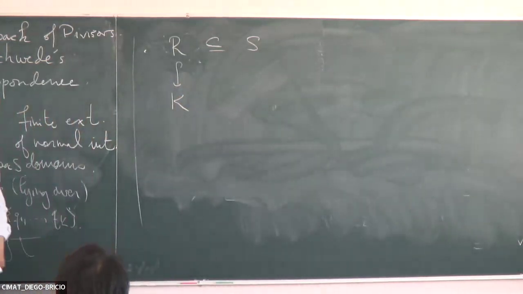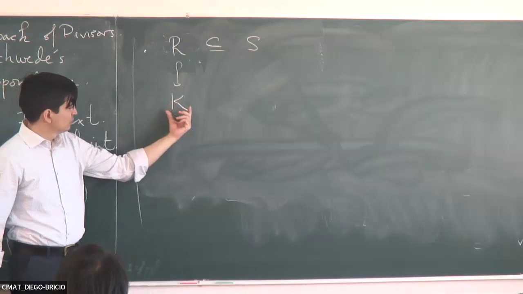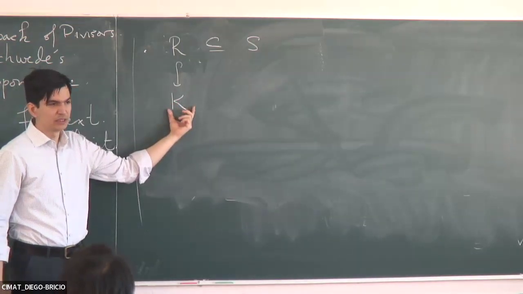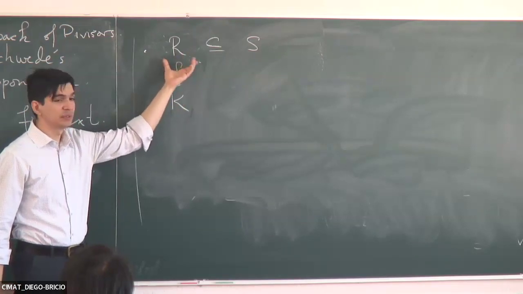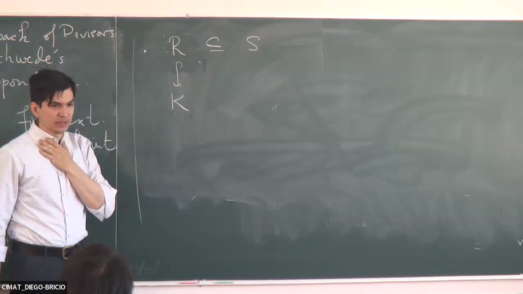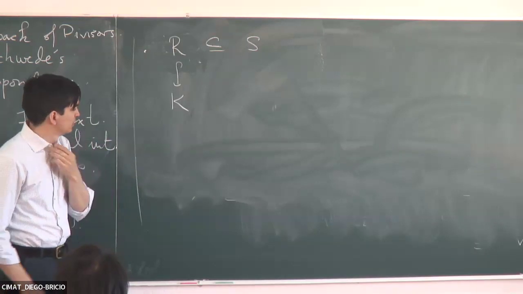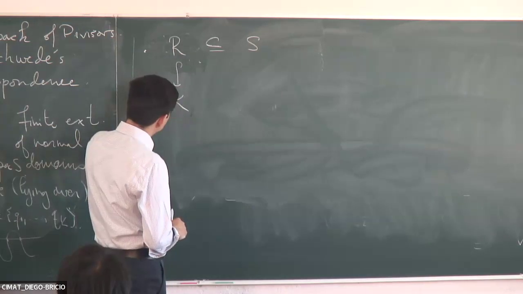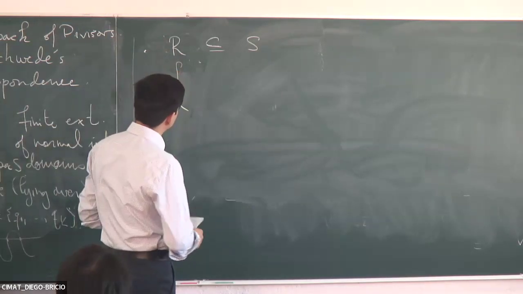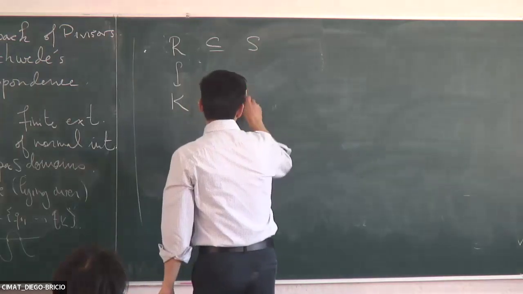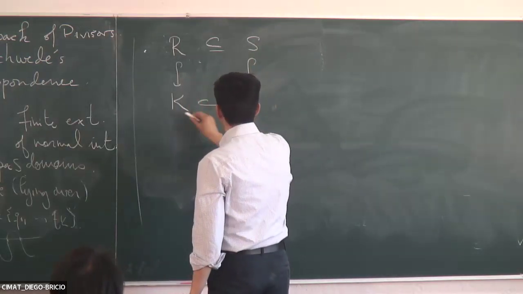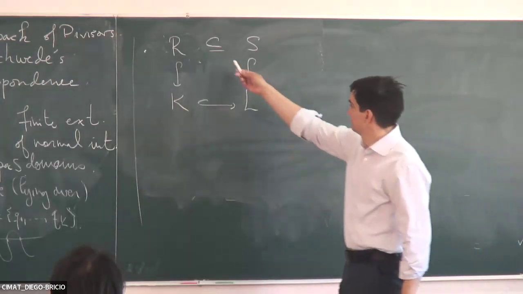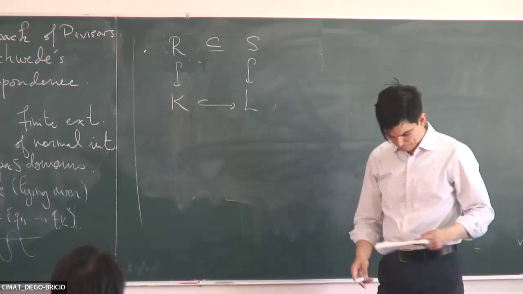R is normal, so this extension is integrally closed, meaning that every element of K that satisfies a monic equation, an integral equation with coefficients in R, has to be in R. So here you have F. This is the corresponding extension of fields. It's a finite extension of fields because this is finite.